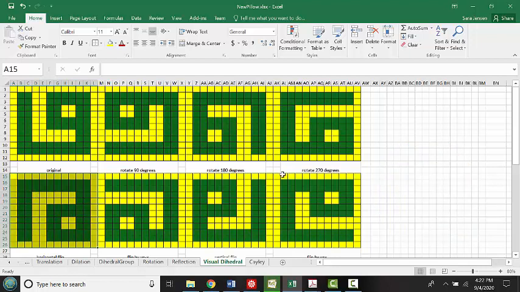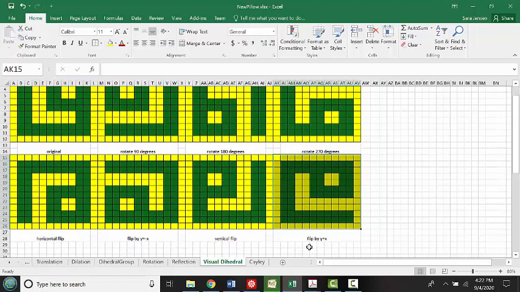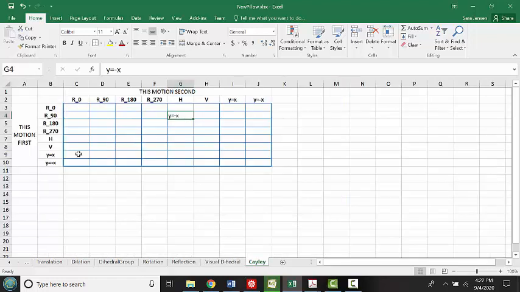In that case, I'm going to come up with this visual right here, which is a flip by y is equal to x. So over here, what I want to fill in is when I first do a horizontal flip and then rotate by 90 degrees, I get y is equal to x. And so these two values are not the same. So you're not quite that lucky with the patterns, but you will find patterns that will be good observations, and we'll talk about those patterns in the community log and also in person.